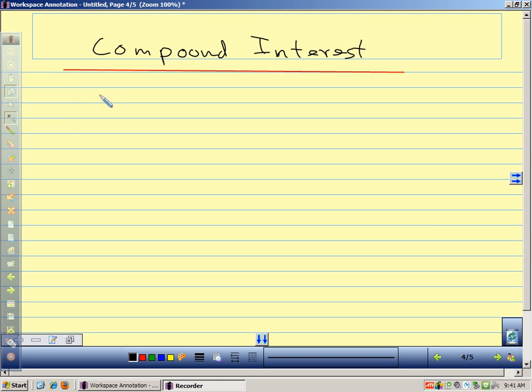So our first one, if we have compounding periods, A equals P times 1 plus r over n, to the nt. A equals our amount after some time.